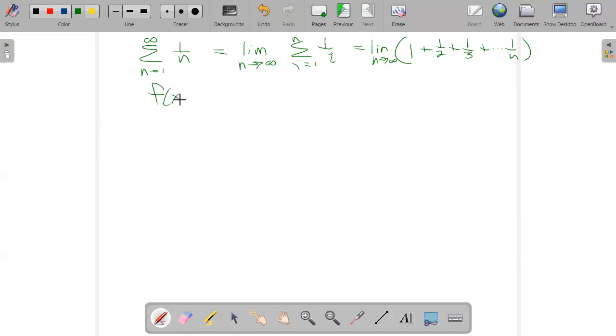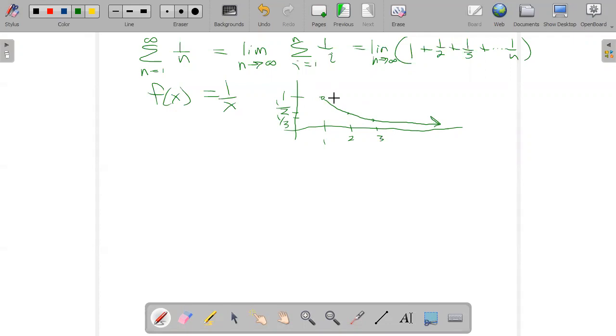Compare that to the function f of x equals 1 over x graphically. Say that's the point (1, 1) right there. I know this function drops down. For example, we have the point (2, 1/2) and the point (3, 1/3). And so on.